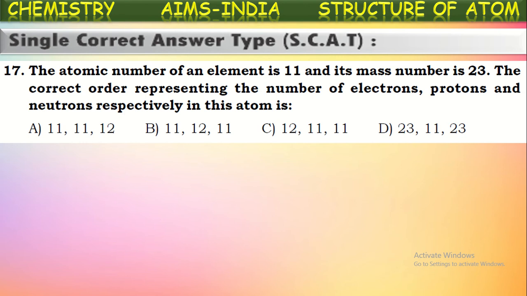We know the atomic number for a neutral atom is equal to the number of protons as well as the number of electrons. Now the number of electrons we can say is 11, and the number of protons is also equal to 11 because its atomic number is mentioned as 11. Now we can calculate the number of neutrons by using the formula: number of neutrons is equal to mass number minus atomic number.